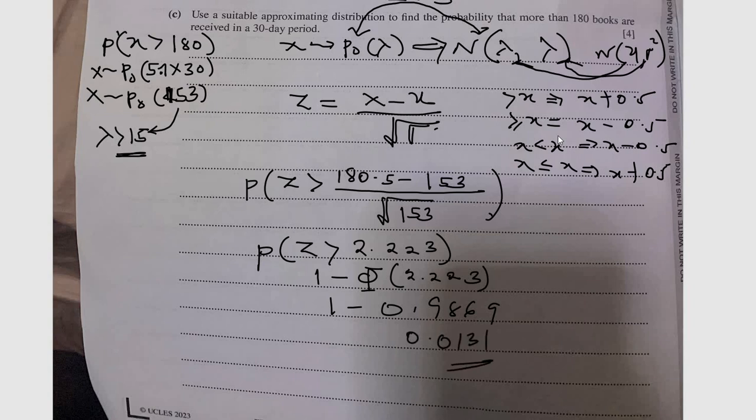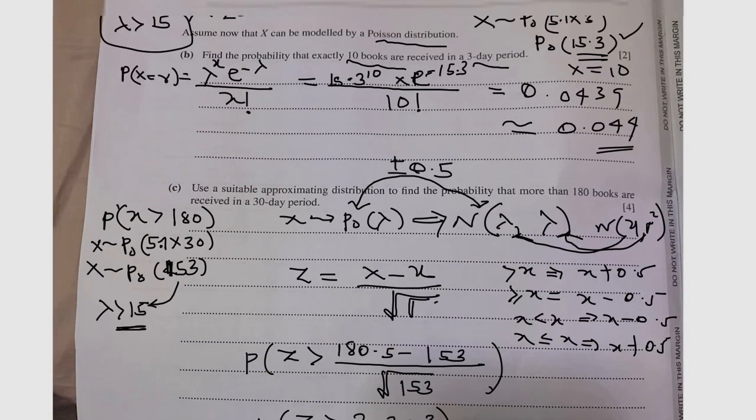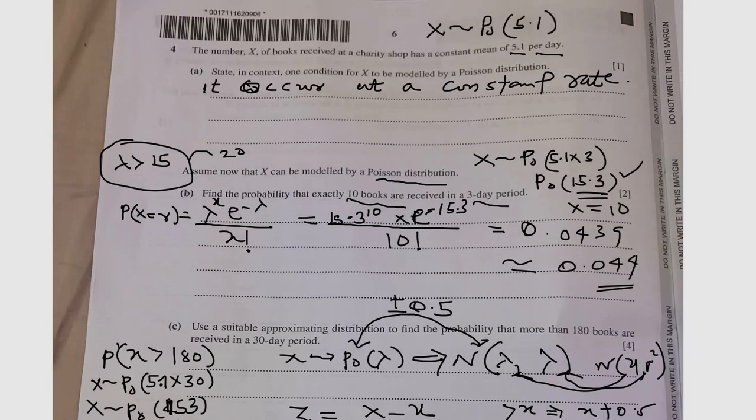That gives 0.0131. That is the answer for a 30-day period, for more than 180 books. This one is exactly 10 books.